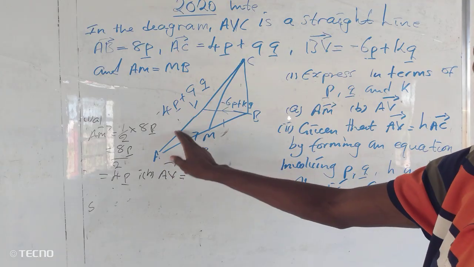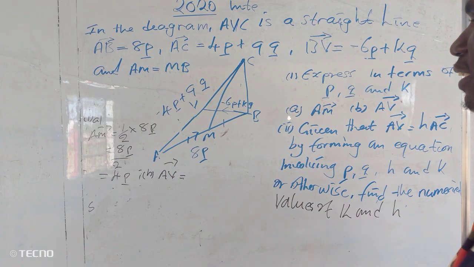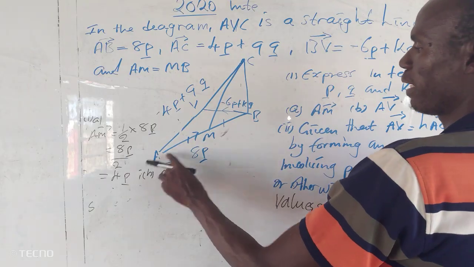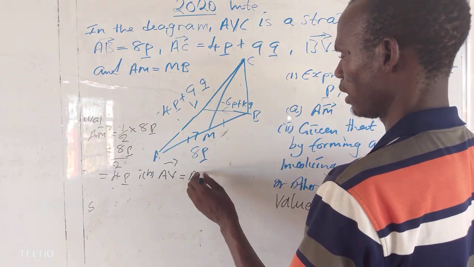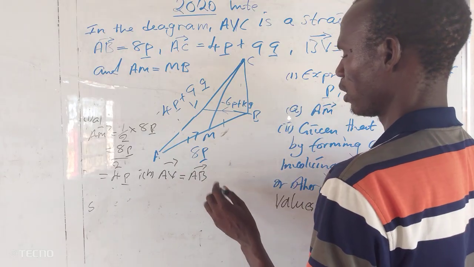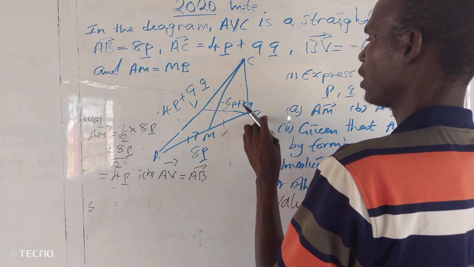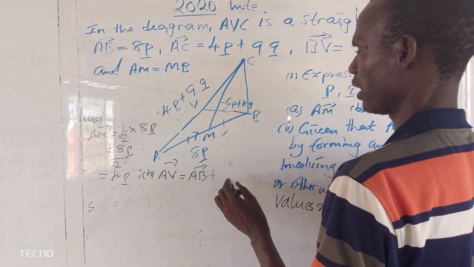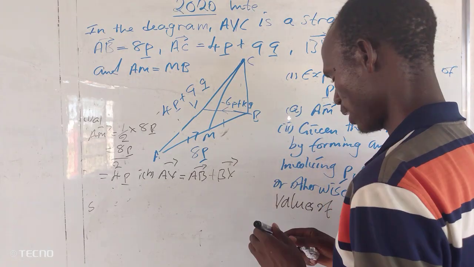No. For now, this road has been closed, so we have to look for the open road. In this case, the open road is vector AB. So vector AV is equal to vector AB, moving in the same direction as the arrow, so it is positive. Then BV, we are moving in the same direction as the arrow, so it is positive.